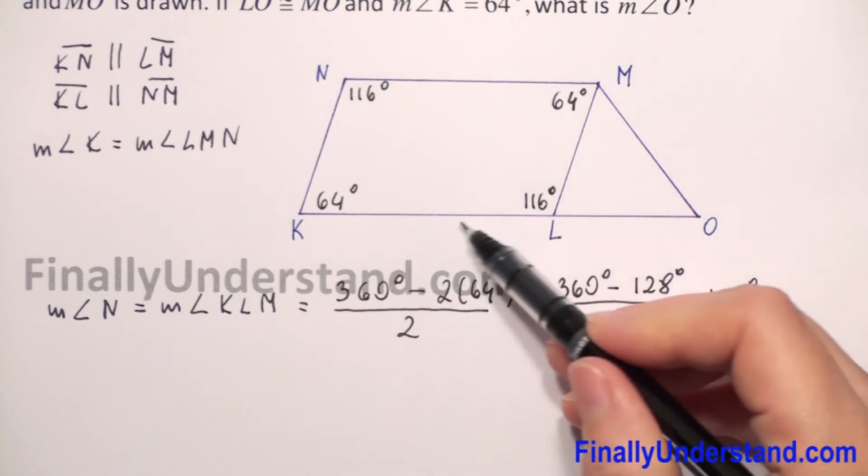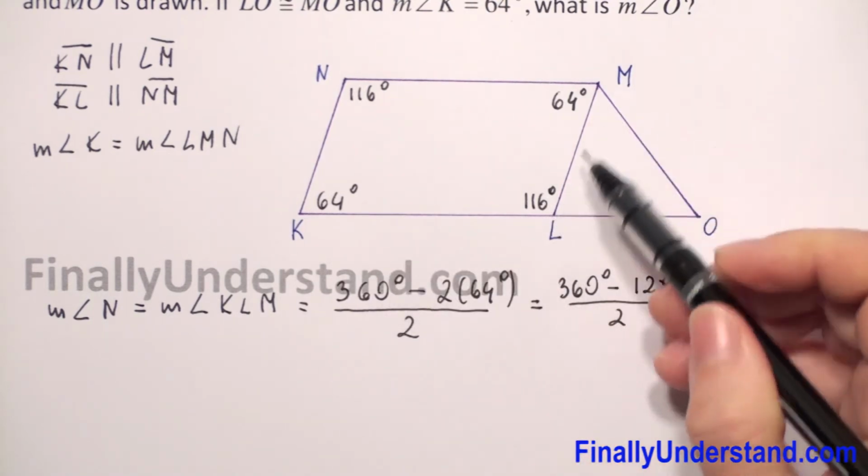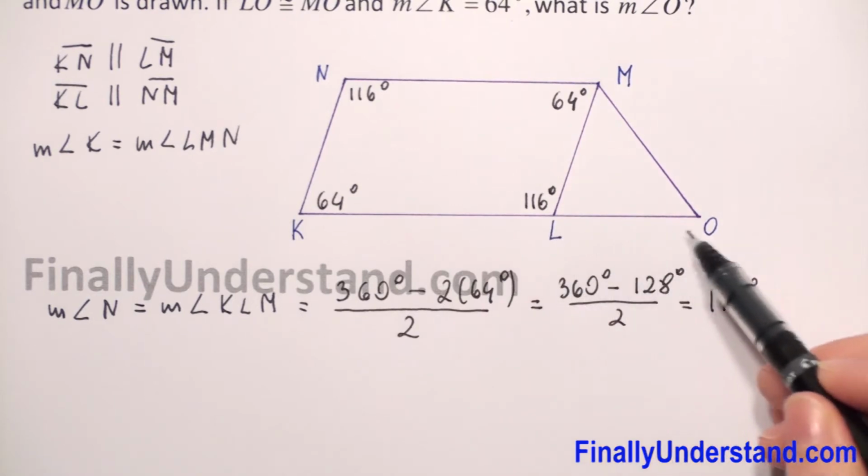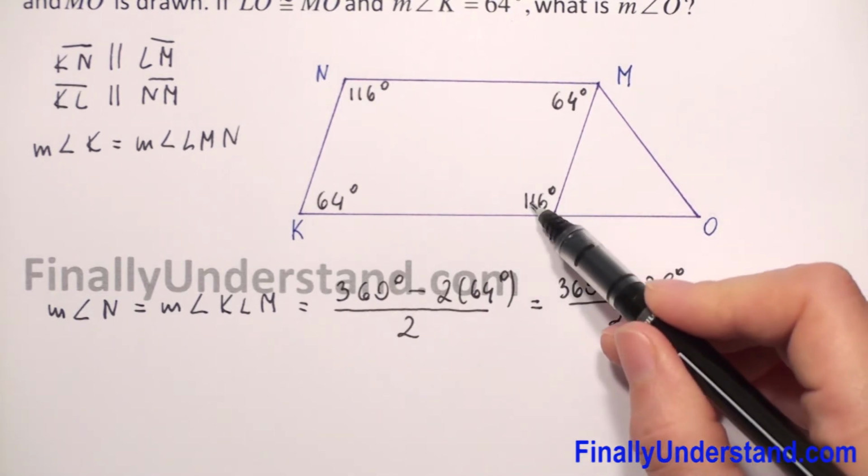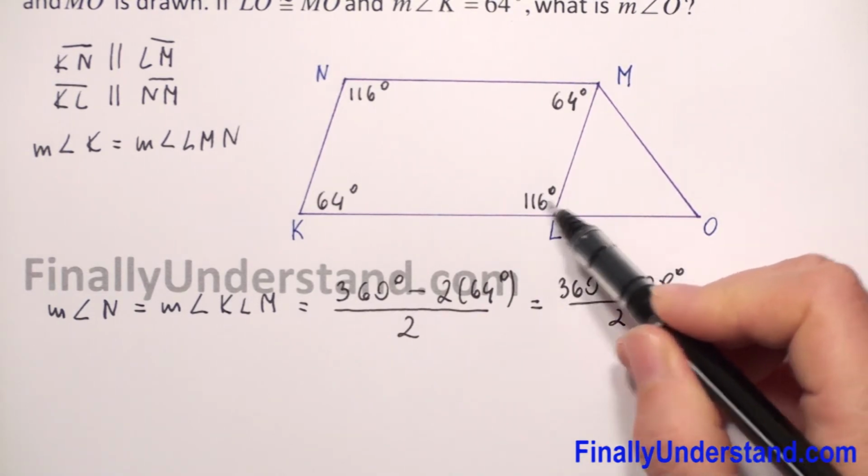So when we have this angle KLM and we have here line KO, we have two supplementary angles.